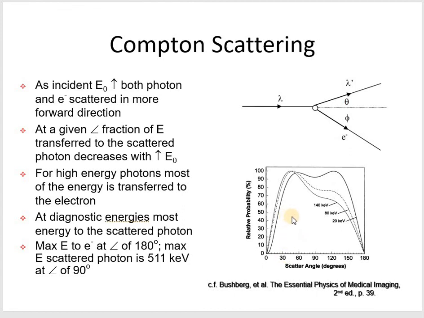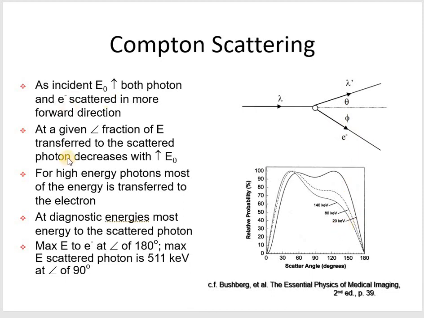high energy, both photons and electrons are scattered in the forward direction. You can see for 140 kV and 20 kV, the probability of a large scattering angle is small for 140 kV, but for 20 kV the scattering angle is large or higher.